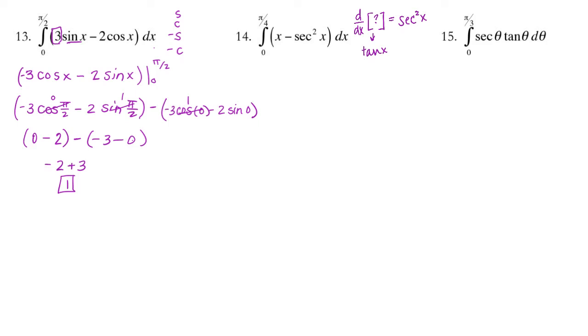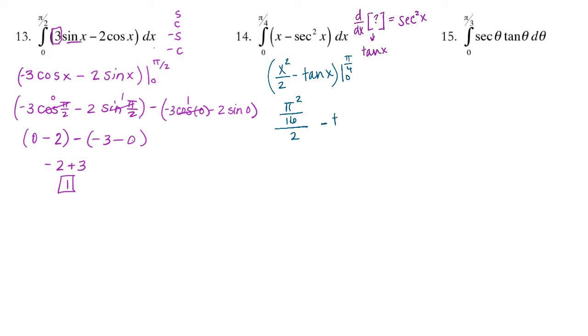So if I go through this process now, well, I know this is going to be x squared over 2 minus tangent x, and then I'm evaluating this from 0 to pi over 4. And so substituting in, we're going to have pi over 4 squared, which is 16, and then all of that gobbledygook over 2, and then minus tangent of pi over 4.